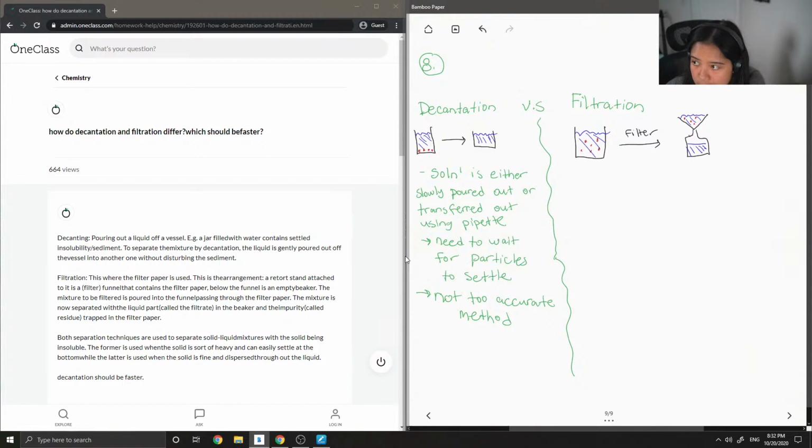Okay, so you can see with the filter that you don't need to wait for any of the particles to settle or anything. And what filtration does is that it allows definite sized particles to pass through.